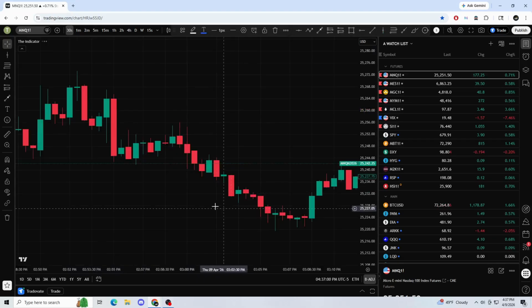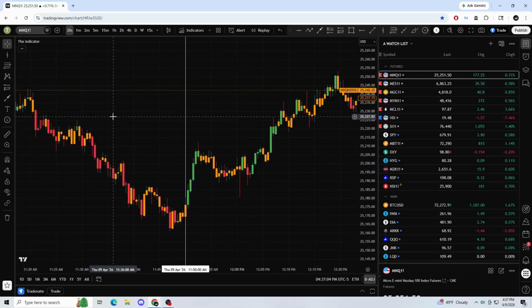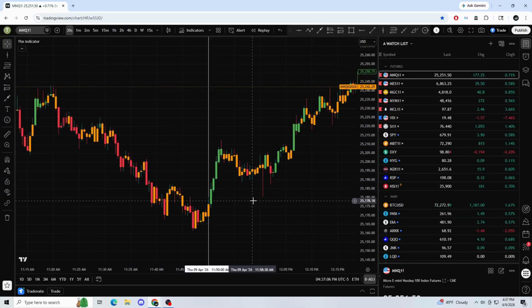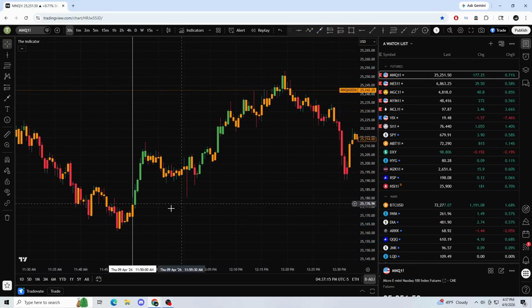We can go to like the 30-second to see what was happening. And yeah, the 2-minute doesn't provide enough clarity for what's actually happening. Here's that balance zone that is happening here. We could just tab around and look at different time frames to see what the market is doing. Even on the 30-second here, we have these pops.